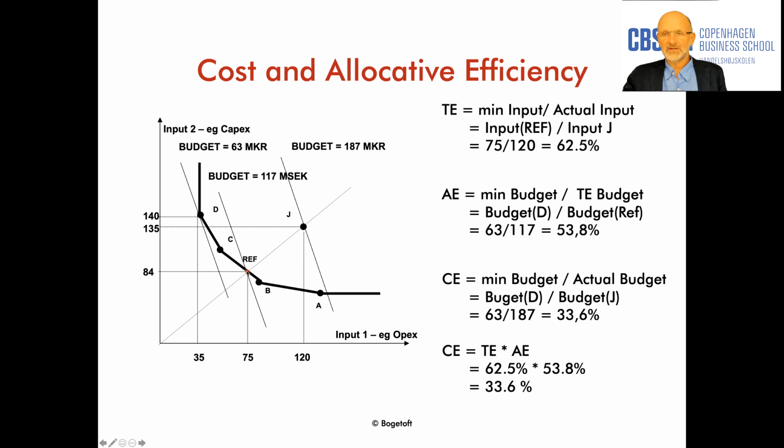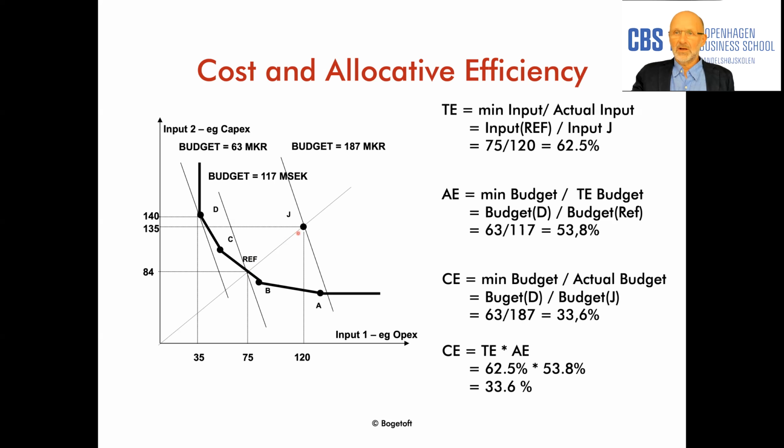And technical efficiency is really a matter of what is the length of this line here, divided by the length of this one up here. So that's technical efficiency. You can also say that it's like the minimal input divided by the actual input. Okay? And in this case, since we are doing proportional reduction, it doesn't matter whether we measure on the x-axis or on the y-axis.